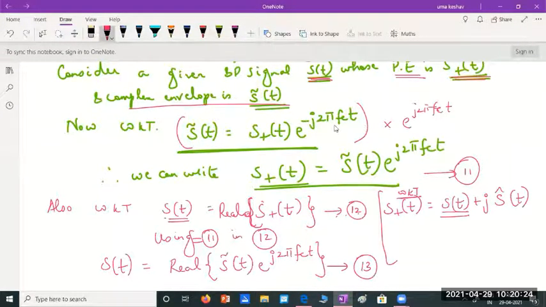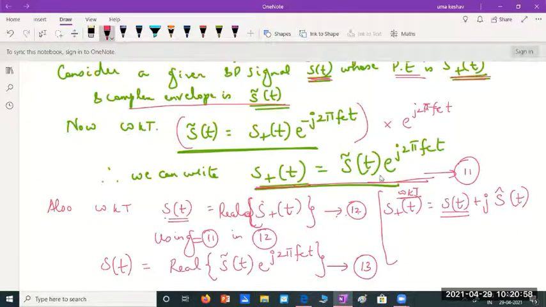When I did this multiplication, my left hand side becomes S tilde of t into e power plus j2 pi fct, and the right hand side becomes S plus of t into e power minus j2 pi fct into e power plus j2 pi fct. These two will cancel and become 1. So the right hand side is left with the pre-envelope. It's like we are just writing a reverse of this equation, nothing else.